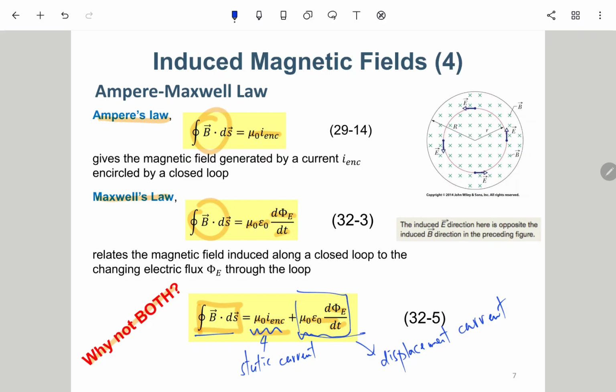This one should have the same dimension as a current, so the physicists try to call it the displacement current. Must be a current adding a current. It cannot be a current adding a voltage or something else.